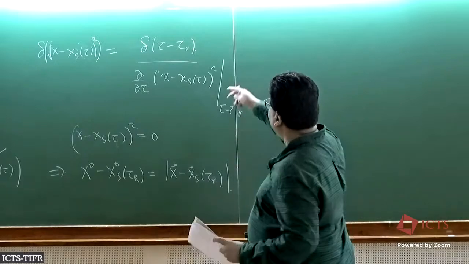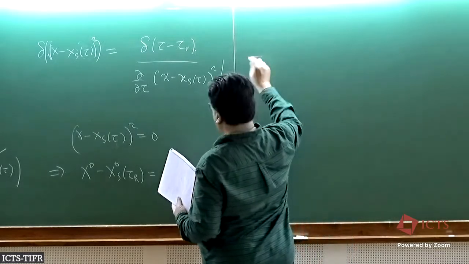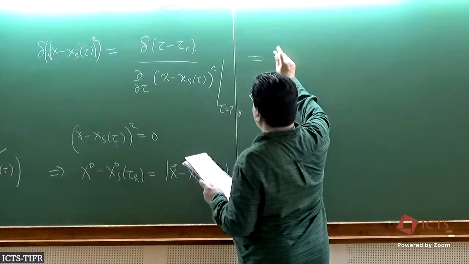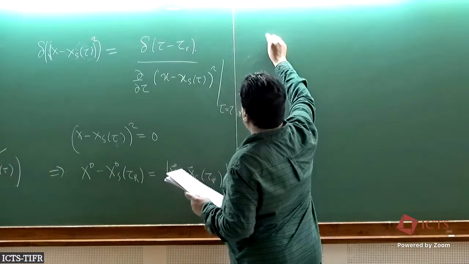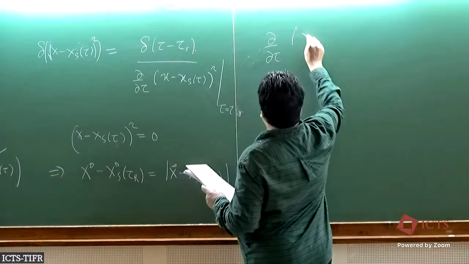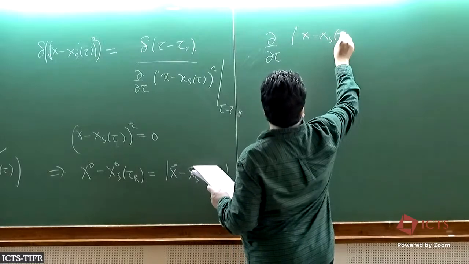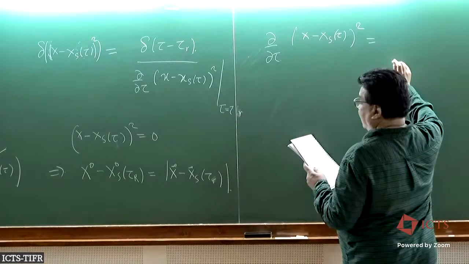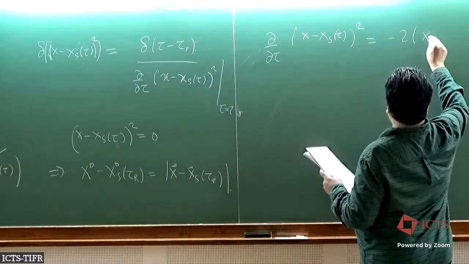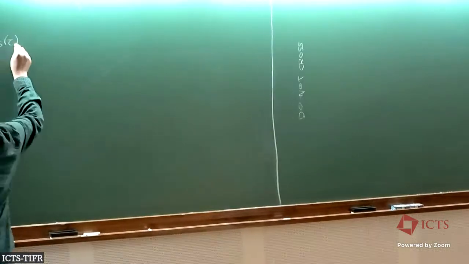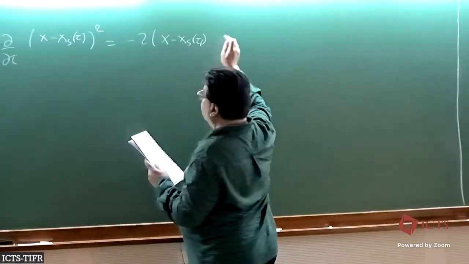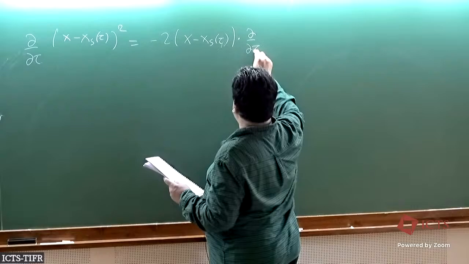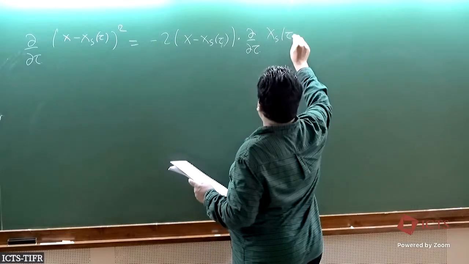And so we now evaluate this. So this is equal to, sorry, I'll evaluate the derivative with respect to tau, so I get minus 2 (x minus x_s(tau_r)). I'll first write it with tau.